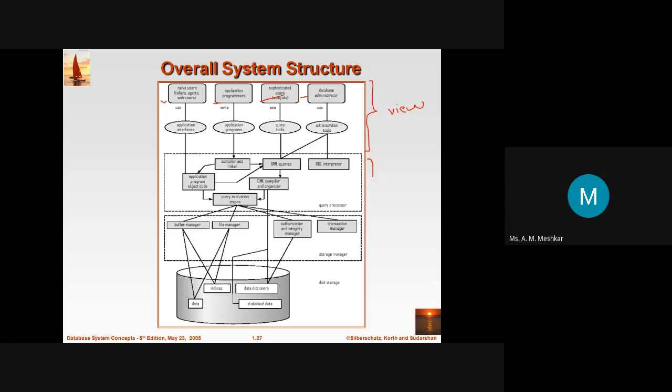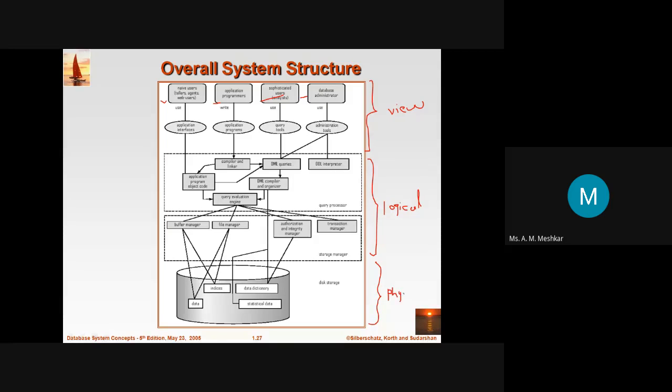This complete dashed rectangle of boxes represents the logical level, and this one represents the physical level.